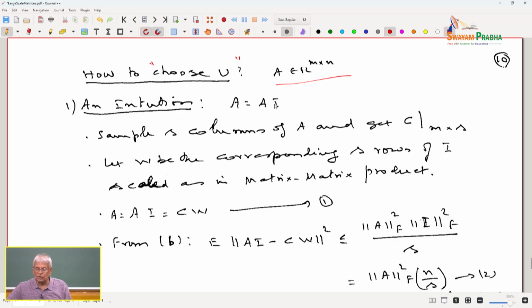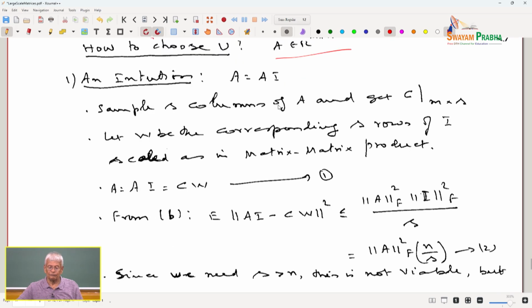Please remember A is equal to A times I. So, I can sample S columns of A and get the matrix C, which is of size m cross S. Let W be a matrix corresponding to the S rows of I, which is scaled as in matrix product.